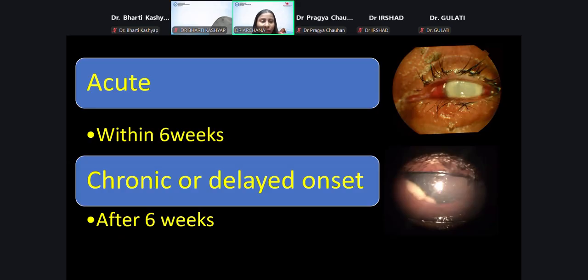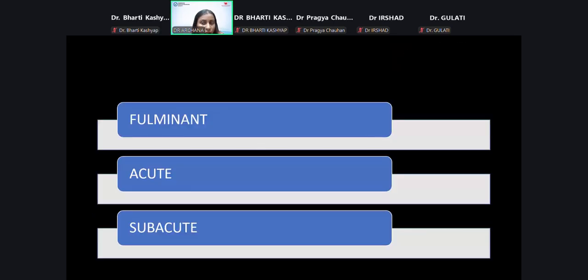So it is of two types. Either acute, which is within 6 weeks, or chronic, that is delayed onset post-op endophthalmitis, which is after 6 weeks. Anything within 6 weeks is acute, and this acute is again divided into fulminant, which is within 4 days, and this is really very difficult to manage because salvaging vision is not the talk here.